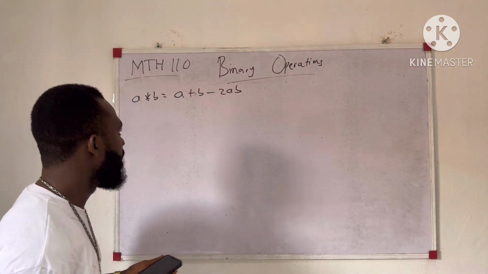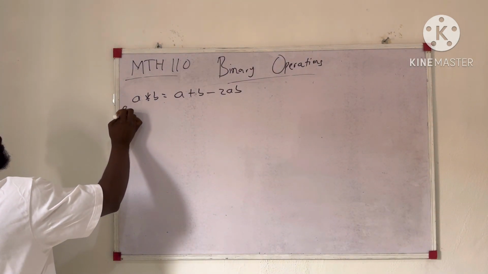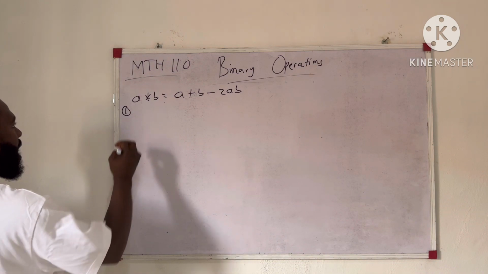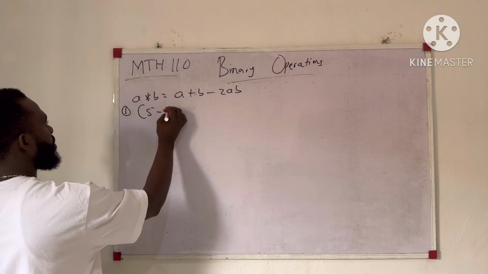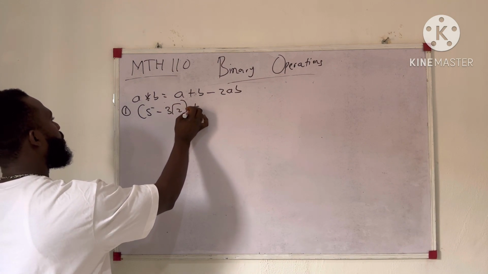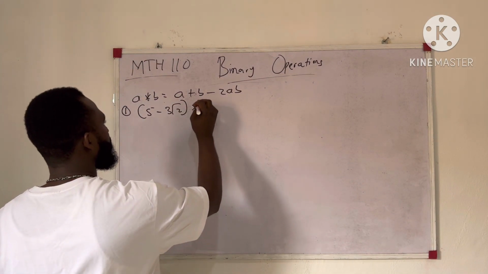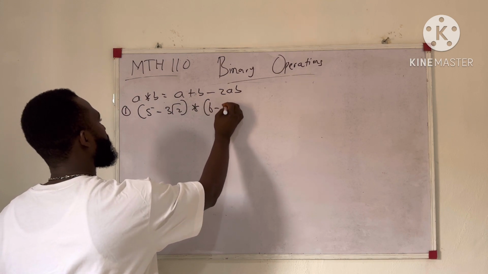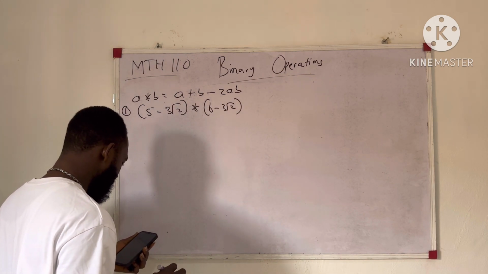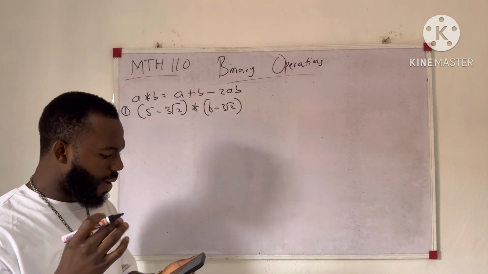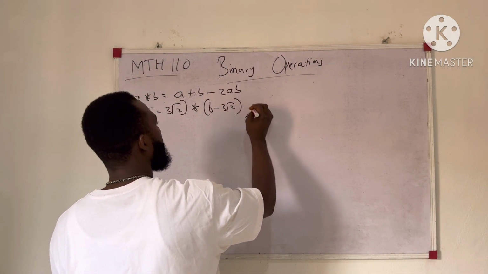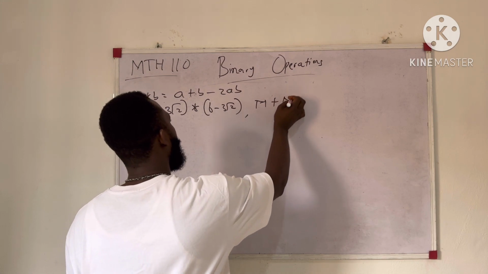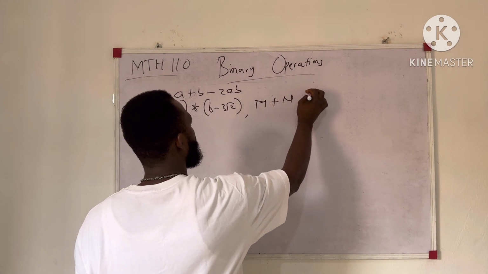Now we are told to calculate 5 minus 3 root 2 operation 6 minus 3 root 2. And then we are told to give our answer in the form m plus n root 2.